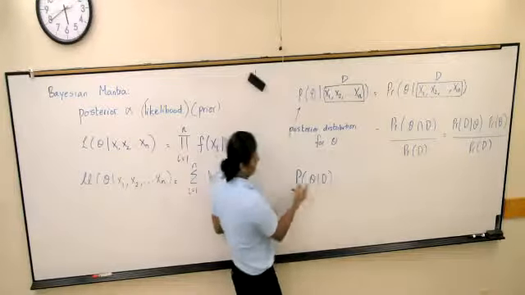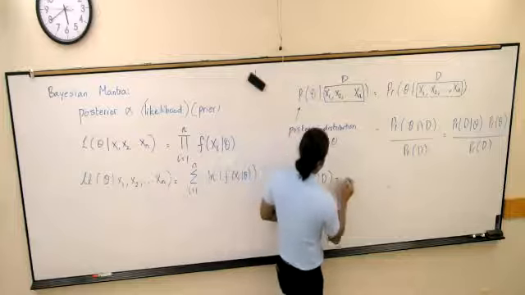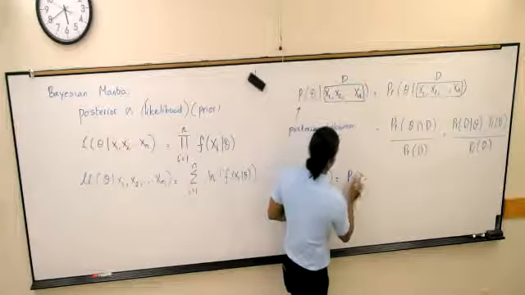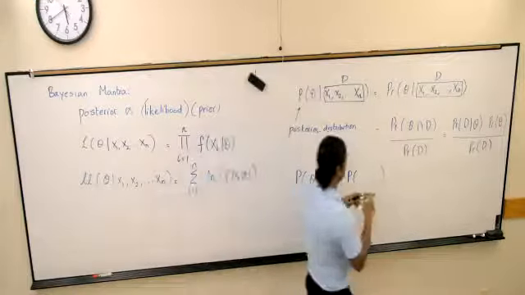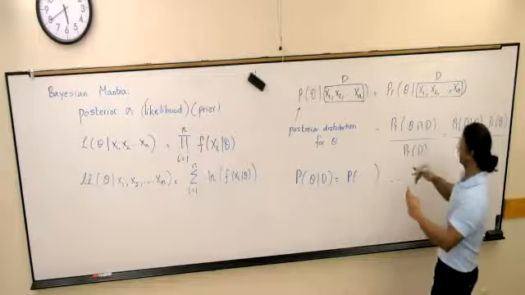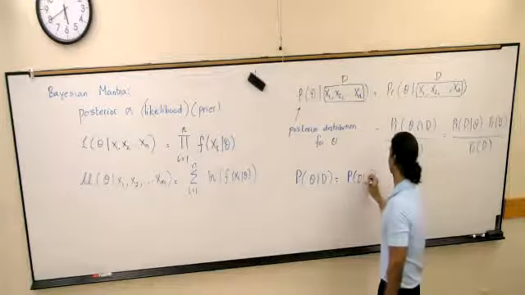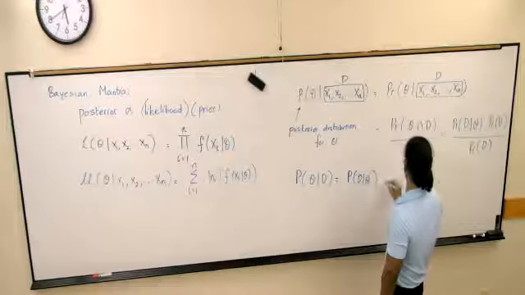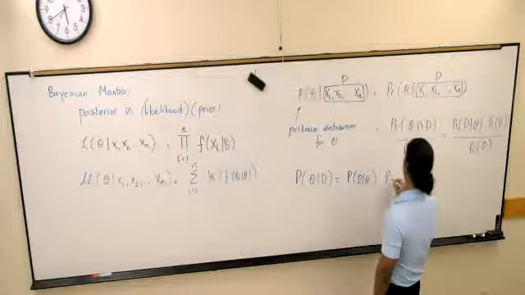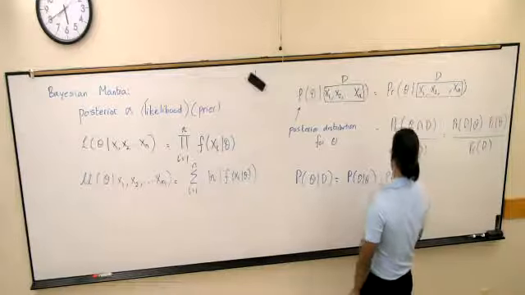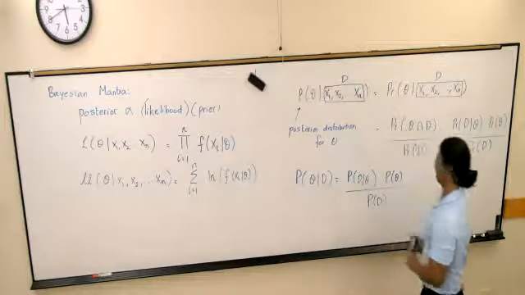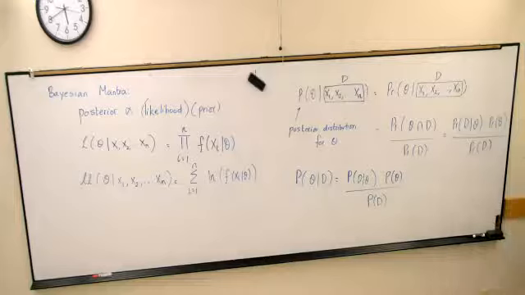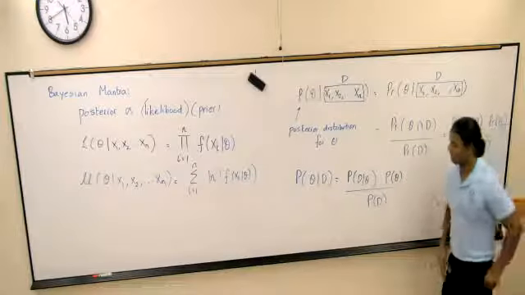So the posterior of theta given the data is equal to, converting the individual probability to a function, probability of data given theta multiplied by the probability, the function, of theta divided by a function of the data, which is D.